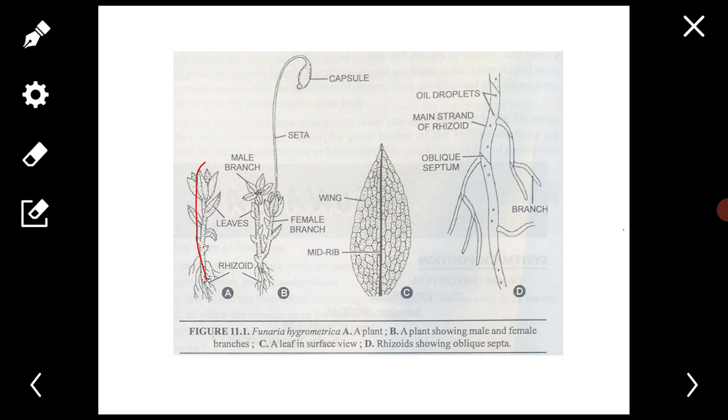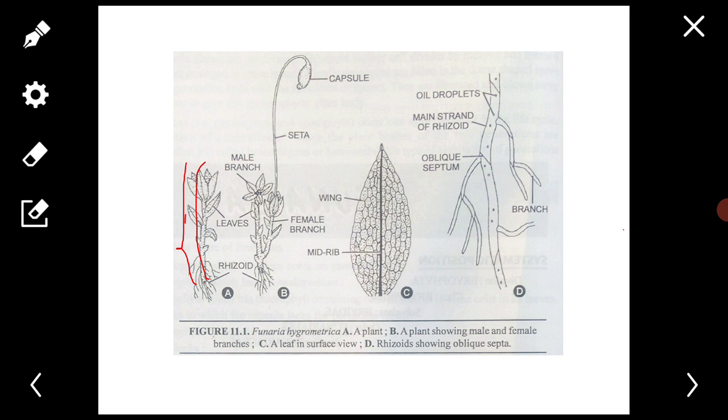The gametophytic plant body is a leafy shoot, which is short, about 1 to 3 centimeter in height, and grows in tufts.